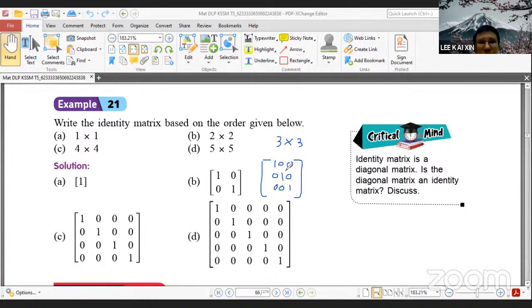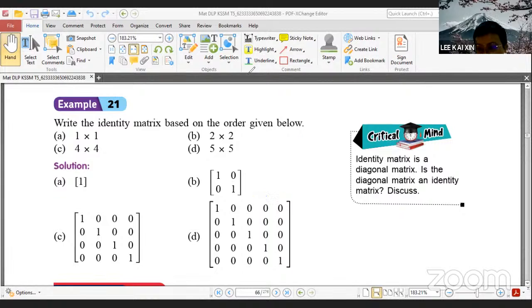So you can see the sequence is like that. For the first row, the 1 must be at the first position. The second row, the 1 must be at the second position, and so on. And this is what the identity matrix is.